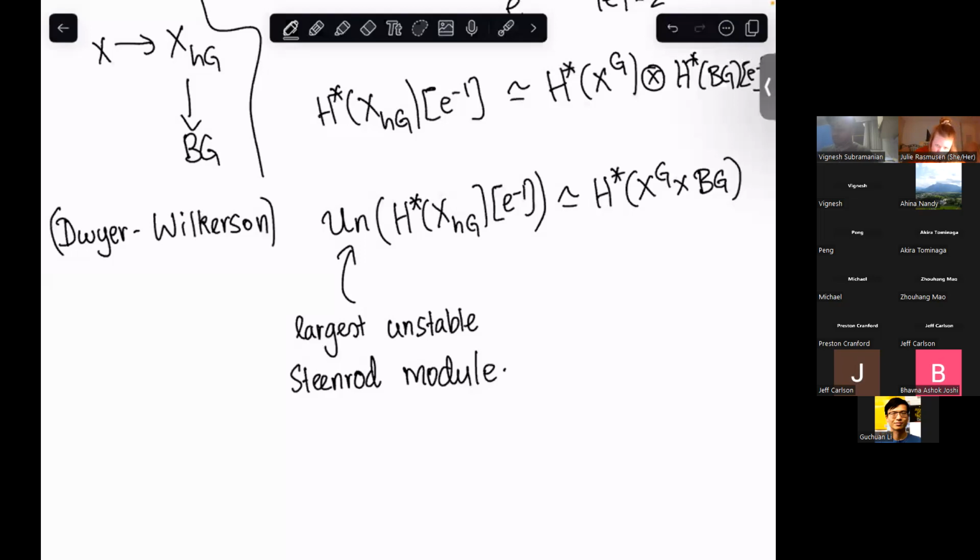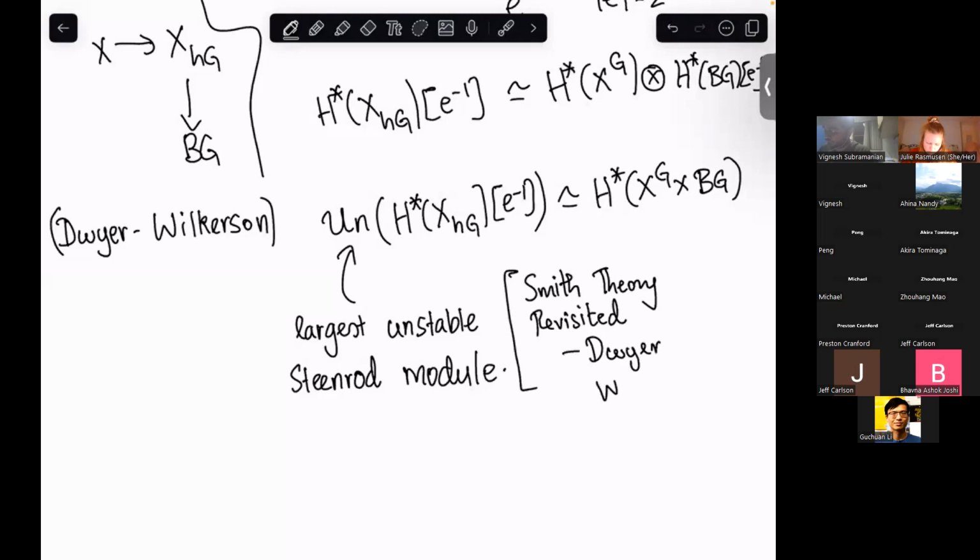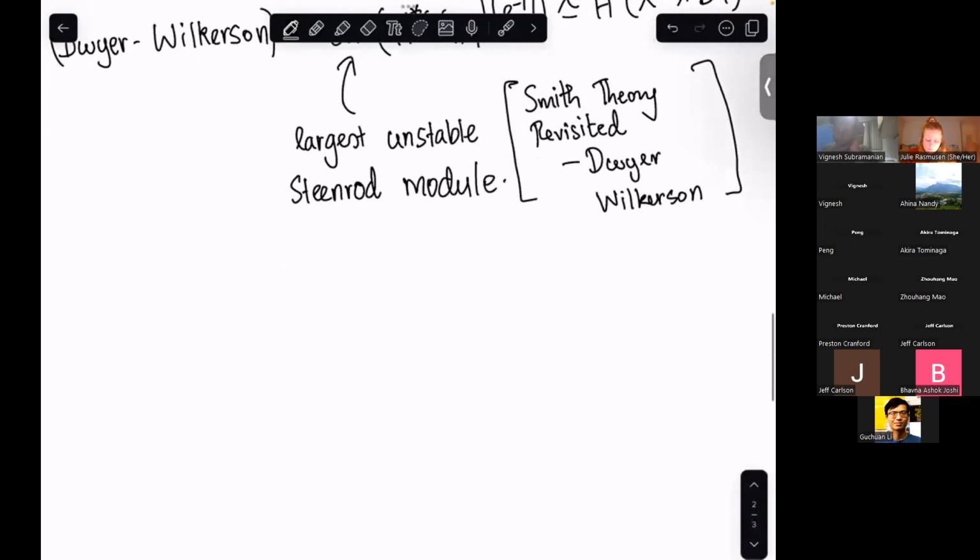So I will not say what this is here, but a good place to look at it is Dwyer and Wilkerson's paper called Smith Theory Revisited by Dwyer and Wilkerson. Yeah, so let me leave it at that.